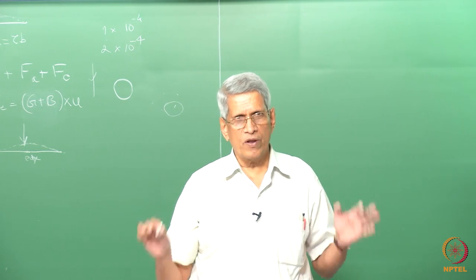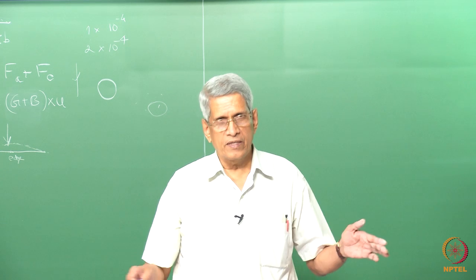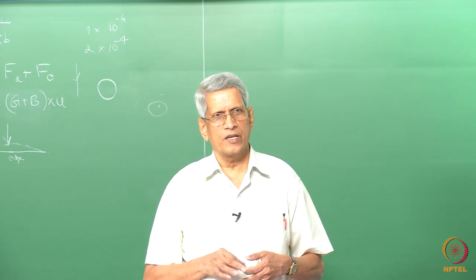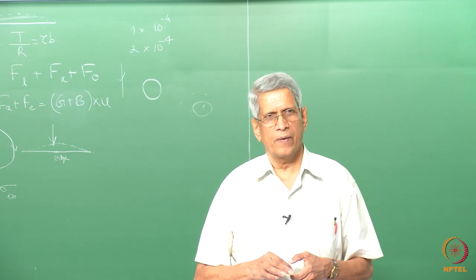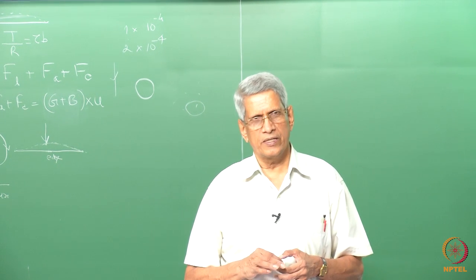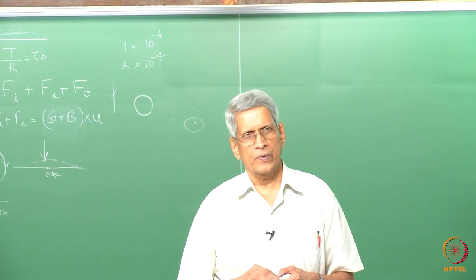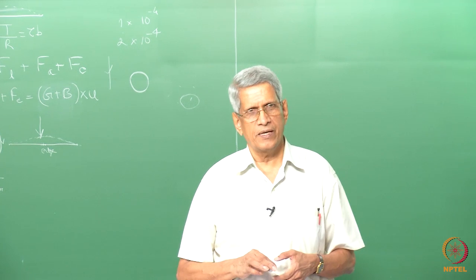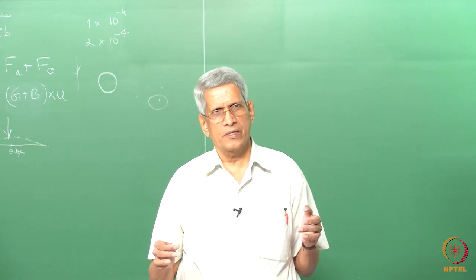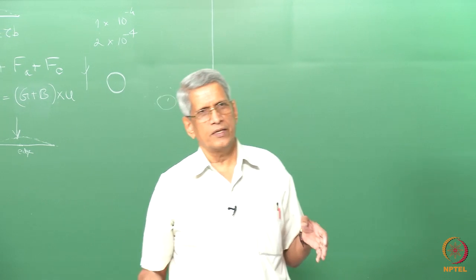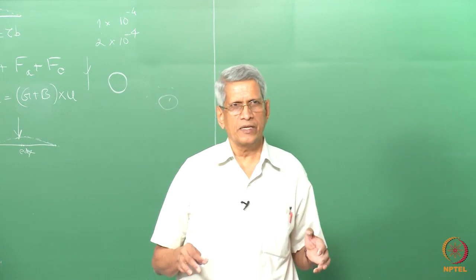So from this, in the last three or four lectures, what we have looked at is the force which is acting on the dislocation, the various components we have considered, one due to the bending of the dislocation and another due to the applied stress, to find the direction in which the force is going to act on the dislocation.